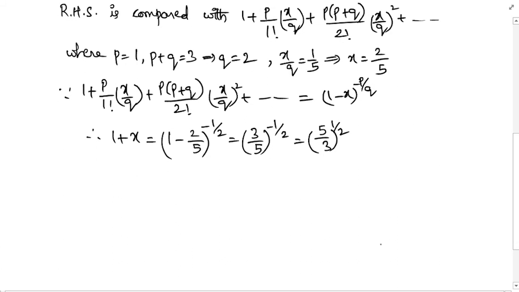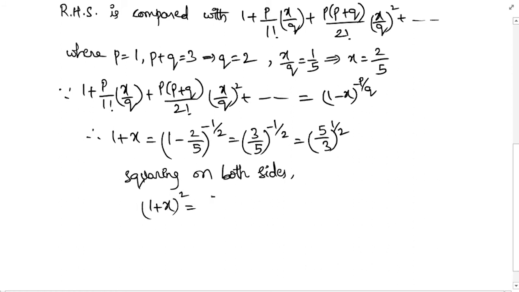Okay. So now what we'll do is squaring on both sides. So squaring on both sides, we get 1 plus x whole square is equal to 5 by 3 power 1 by 2 whole square.